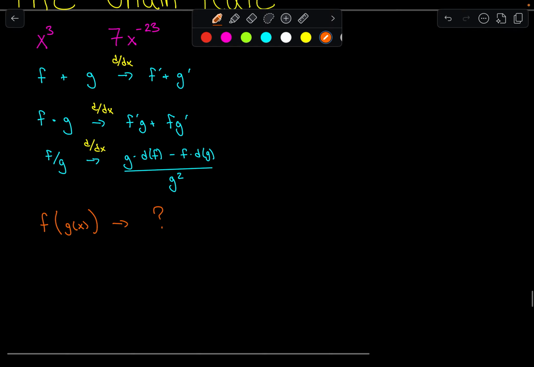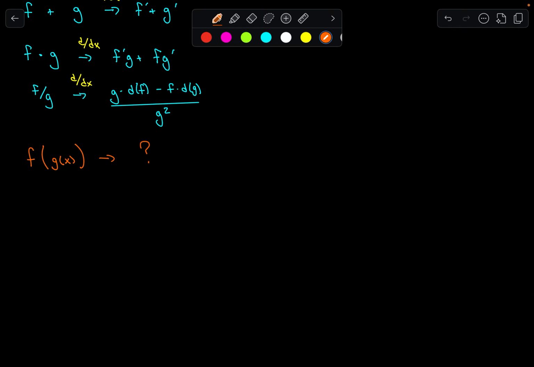Before I answer that question, I'd like to remind you what it means to have the composition of two functions. For instance, if I tell you that f of x is equal to x cubed and g of x is equal to 2x plus 1, then f of g of x, the way we would do this is we would plug g of x inside of our f of x function.